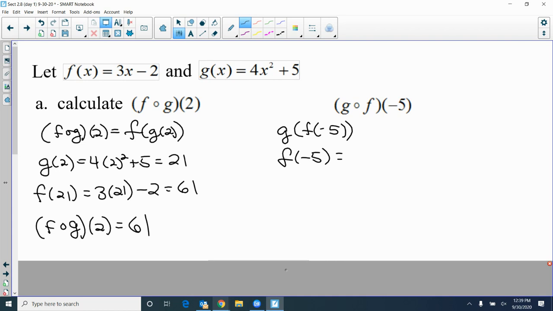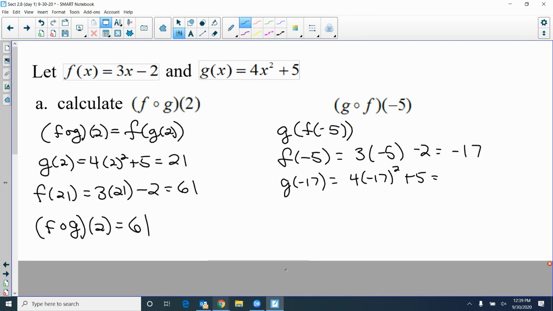All right, good. So f of -5 is going to be 3 times -5 minus 2, which is -17. Take that. G of -17 becomes 4 times -17 squared plus 5.